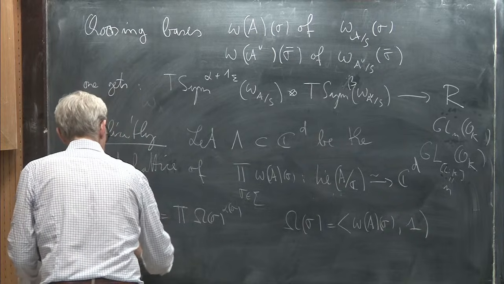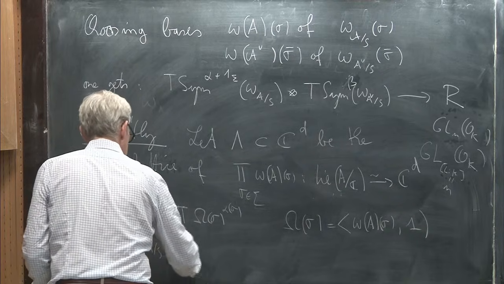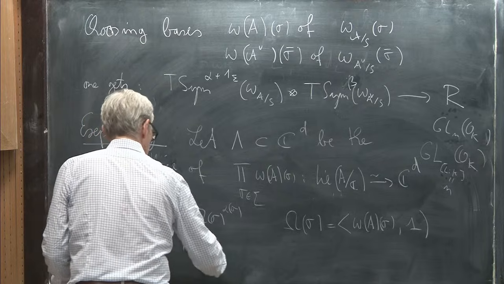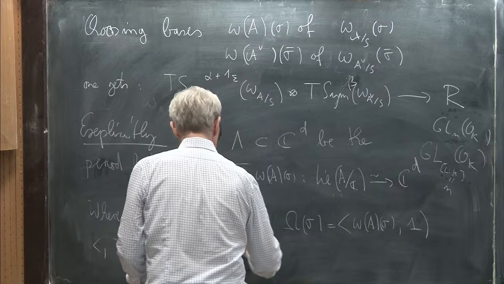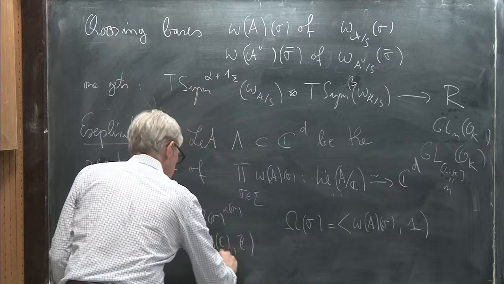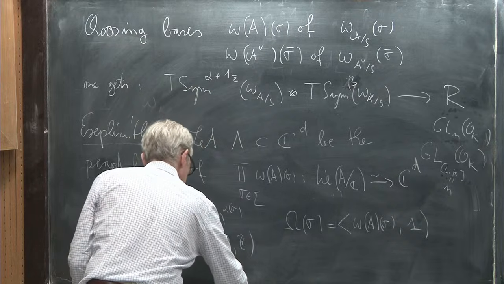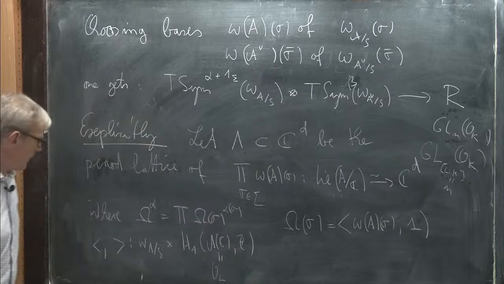So this is the period pairing of omega AS times the first homology of your abelian variety with Z coefficients. So this is just the lattice which defines it originally, OL.